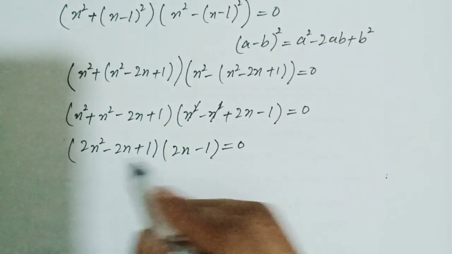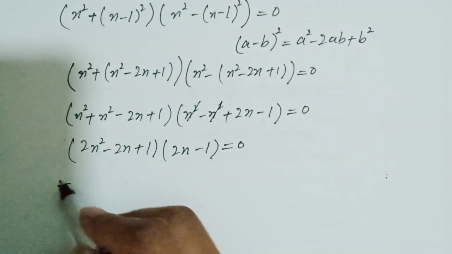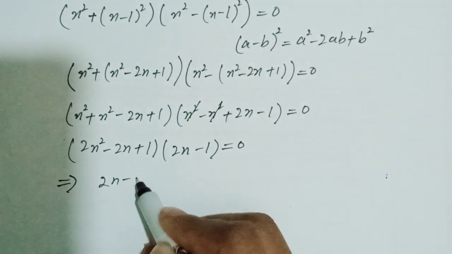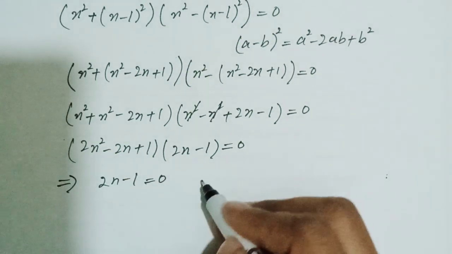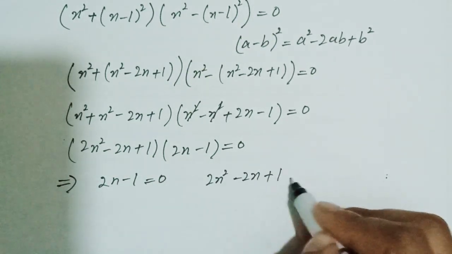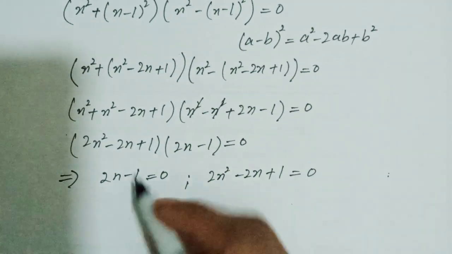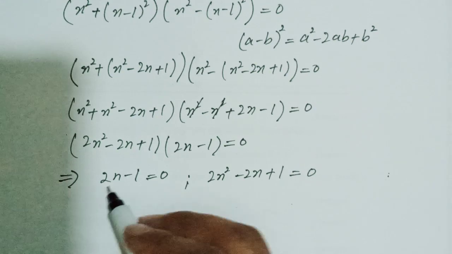So here we have the two factors and each factor equals 0. This implies that 2n minus 1 equals 0 and 2n square minus 2n plus 1 equals 0. So from this we can derive the value of n.